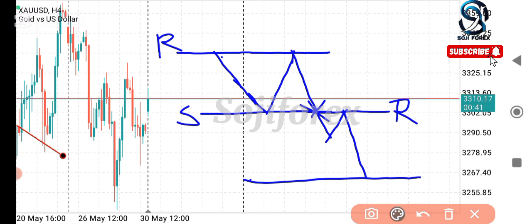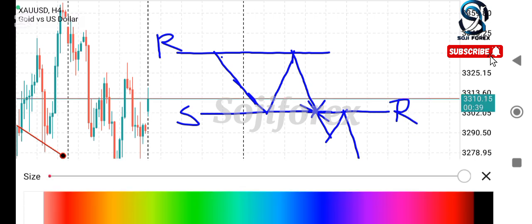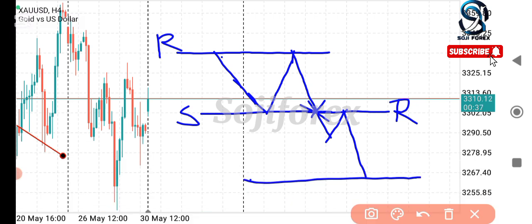How and why do I say it becomes a resistance? You will now observe that price tried to break it to the upside, but sellers came in at that zone and pushed price back to the downside. And we say that resistance zones are those zones whereby sellers react, come into the market and prevent the market from going higher.